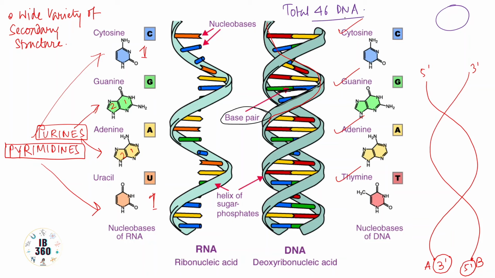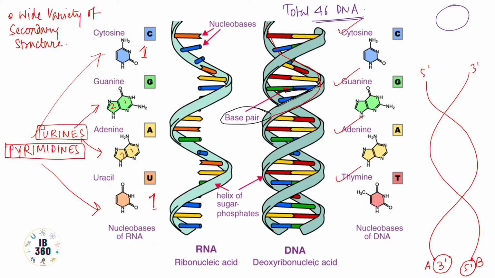And for that coiling, many packing proteins are required. Histones are famously known as the packing proteins for DNA. Actually, you will learn about DNA packing again in a later chapter, but these are very basic pieces of information which you must know. One more thing is that it is also known as a DNA duplex.